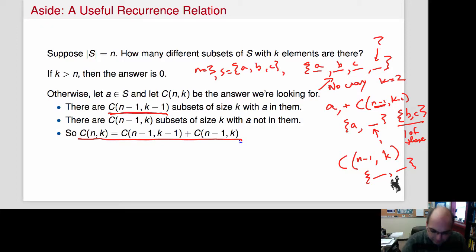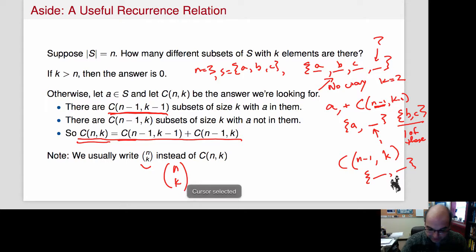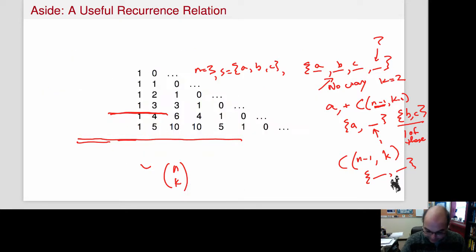So there's my recurrence relation. Those are all the different ways that I can do this. Now, just between you and me, we usually don't write C of n, k. We usually write it like this, parentheses n, k, and we pronounce that "n choose k." That's our typical notation.